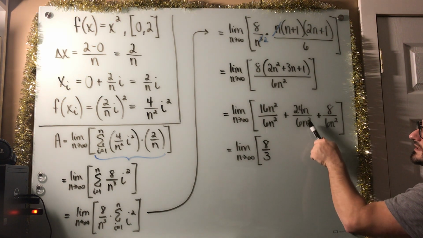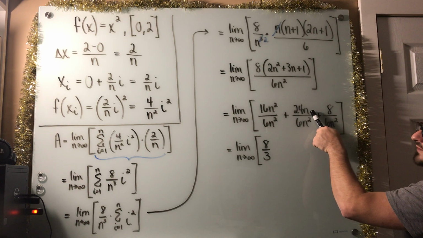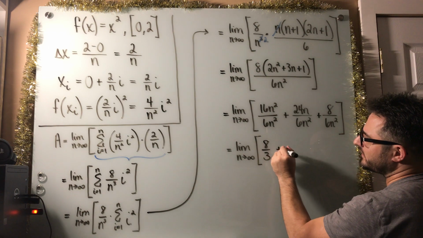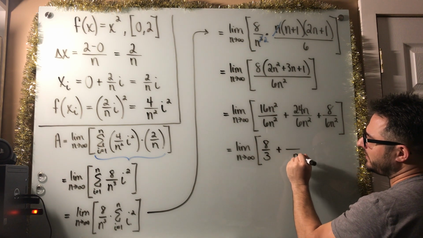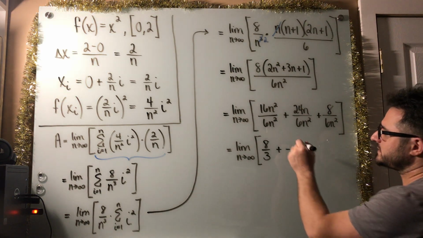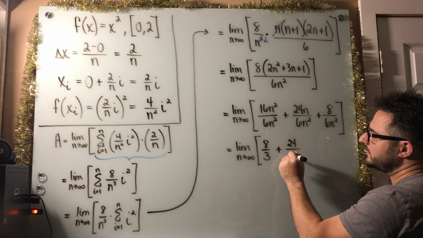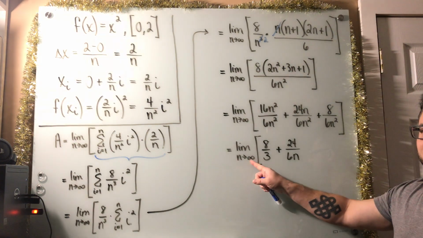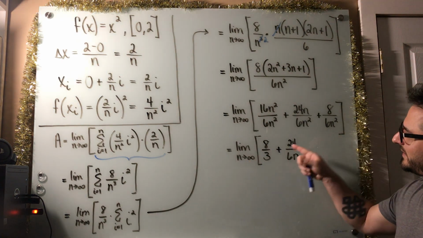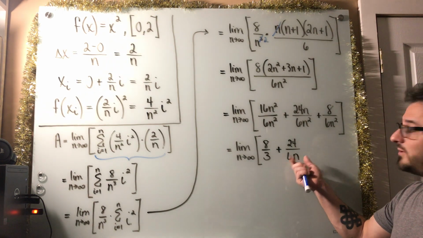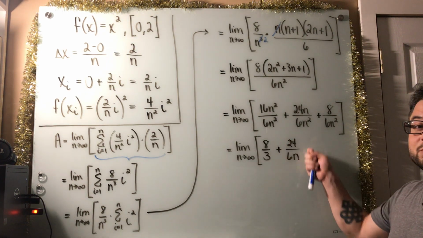In this case, there's only one factor of n in the top, which means only one factor will cancel out of the bottom. Now, because of that, I'm not even going to bother with the 24 and the 6, because they're incidental. As n goes to infinity, if the numerator is constant, the bottom will grow and grow and grow, and this whole fraction is going to approach 0.